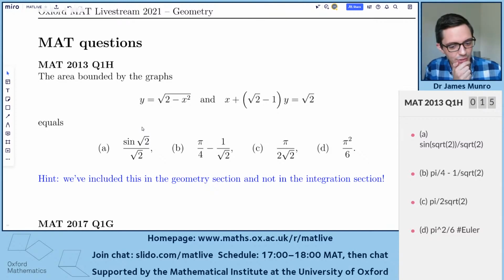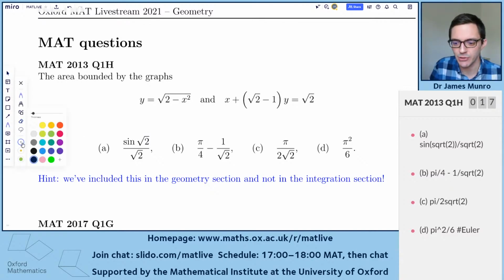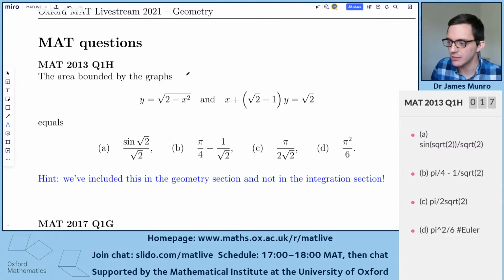So I kind of want a strategy for how we might work out what that area is. Todd shouted circle in chat. Thank you, Todd. And Georgia said semicircle, which is even better, because I think what you've both spotted, if I put the equation in, is that this equation over here is something like y squared equals 2 minus x squared, which would be a circle, x squared plus y squared equals 2.